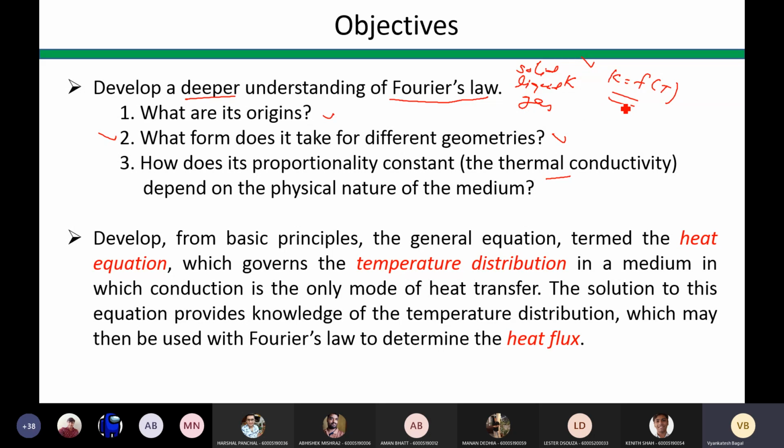All that matter I want my students to have a deeper understanding about. So how does the proportionality constant K, thermal conductivity, depend on the physical nature of the medium. Clear? First point, develop deeper understanding of Fourier's law. You have to cross check at the end whether you are actually achieving these objectives or not through the curriculum.